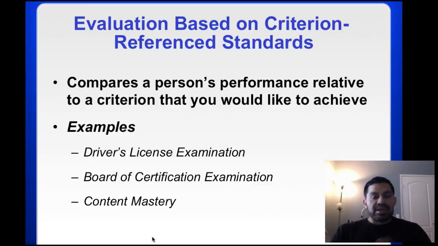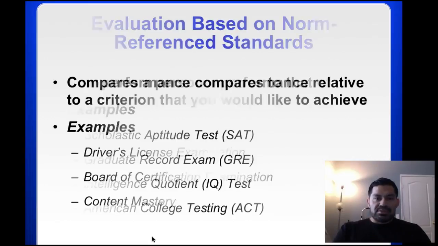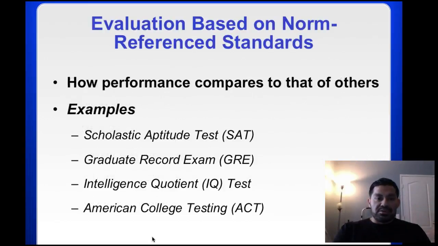Everyone has to get a minimum score, otherwise they cannot get a license or a certification. Whereas norm reference tells you what percentage you're in compared to everyone else.